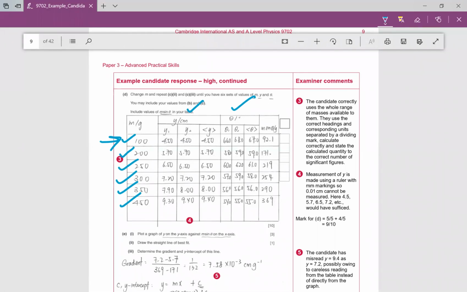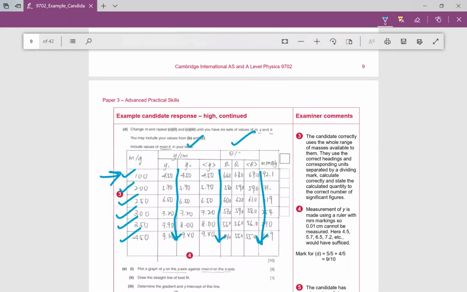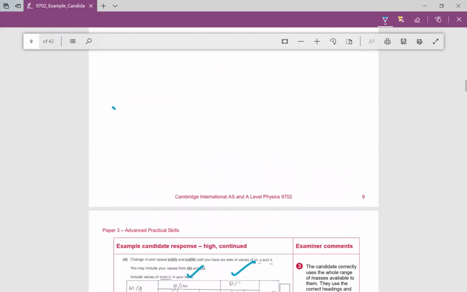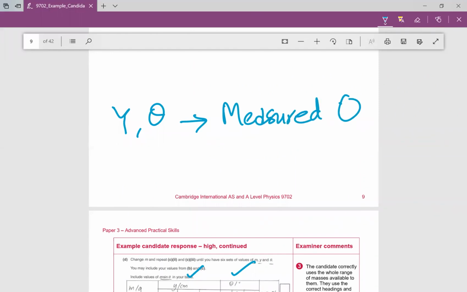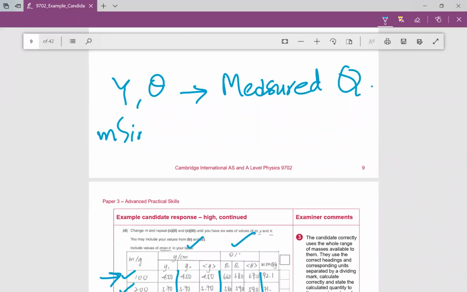The third thing is down the column. You have to understand that we have two types of quantities. y and theta are the quantities that you're measuring, whereas m sine theta is the quantity that is calculated.